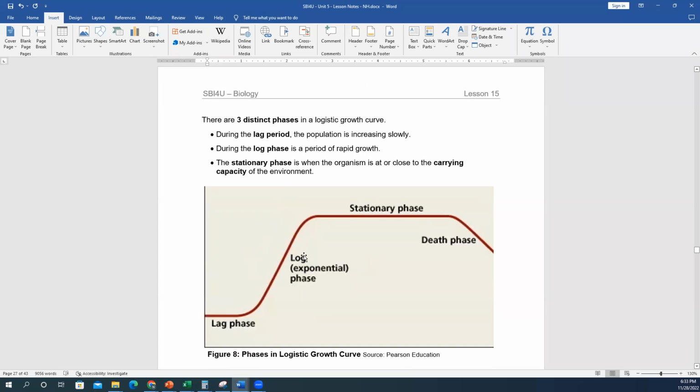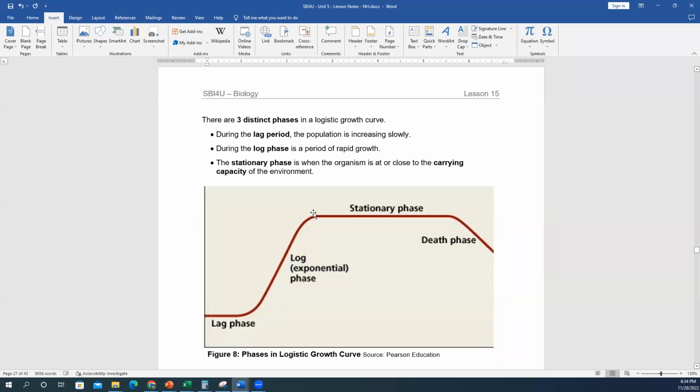If we plot actual data, it might not look exactly like this, but typically you see 3 distinctive phases on a logistic type of growth curve. Initially, there is a lag phase, during which the population is increasing very slowly. Then you hit the log or exponential phase, where you get very rapid population growth.